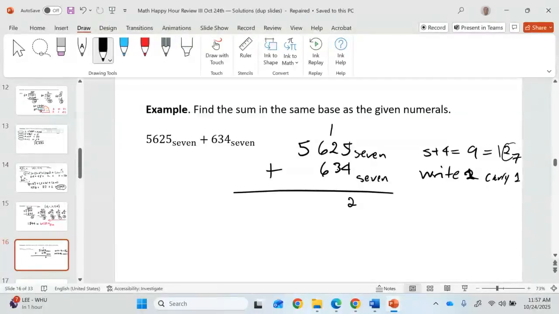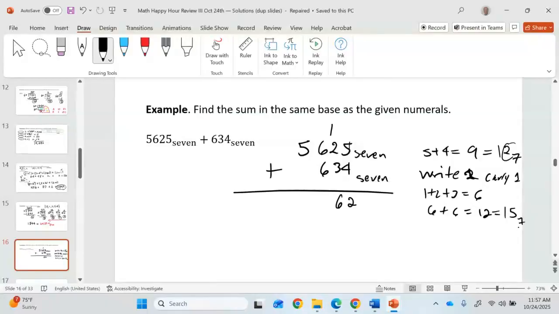So 1 plus 2 plus 3 gives me 6. And in base 7, that's just 6. So I go to the next place value, 6 plus 6, that is 12. But in base 7, since I'm not allowed to use any digits bigger than 6, not even 7, I can write 12 as a 7 and a 5.